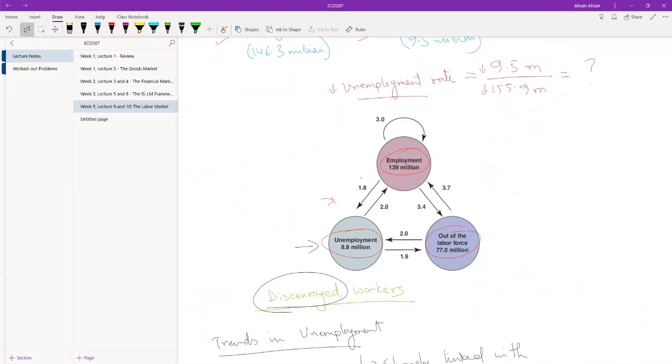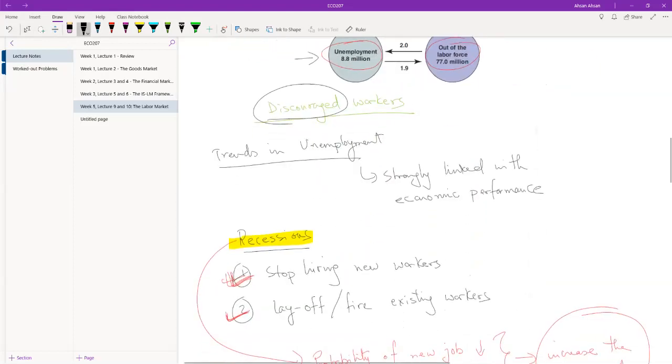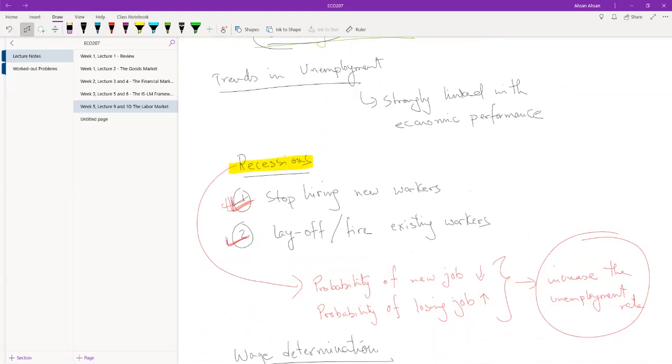Each arrow, there are 7 arrows here. Each arrow represents a particular type of relationship. And I would encourage all of you to try and figure out what these relationships are and how they play out.